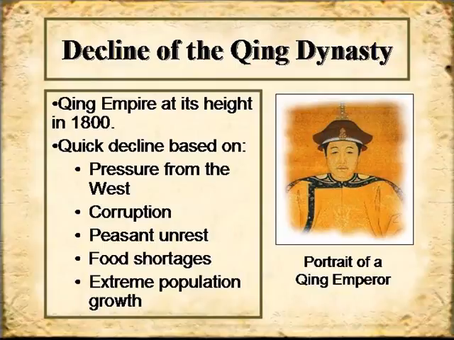Corruption within its government. Unrest with peasants, people that were unhappy about their lot and their lives in the peasant community. Food shortages, the fact that people were starving, that always leads to unrest. And finally, extreme population growth. So with that extreme population growth, that makes the food shortages worse, which leads to more of the peasant unrest, and you can just see it becomes a vicious cycle.